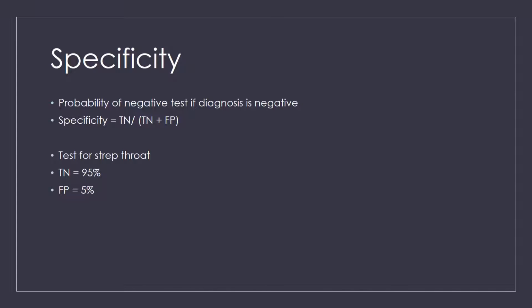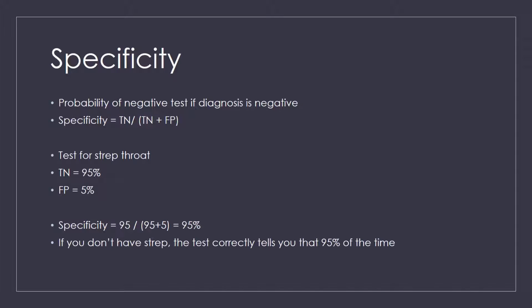So if we go back to our strep throat example, say 95% of the tests are true negative and 5% are false positives, then we would calculate specificity as 95 over 95 plus 5, or 95 over 100. So that means if you don't have strep, the test correctly tells you that 95% of the time.